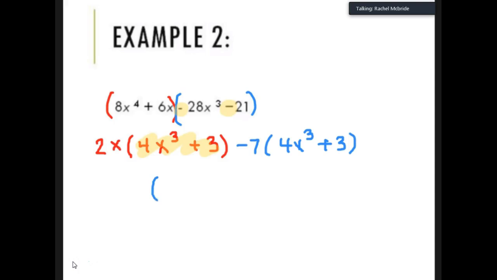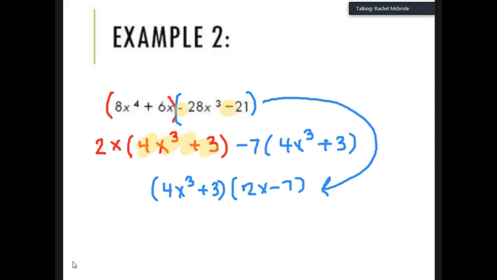So the factored form is 4x cubed plus 3 times 2x minus 7. So this is the original, and this answer here is what we call factored form. If you get asked to factor, you're going to rewrite it as a product of binomials.